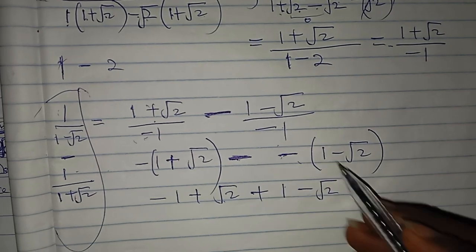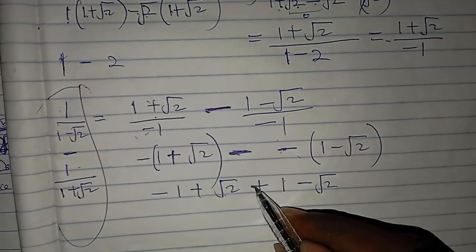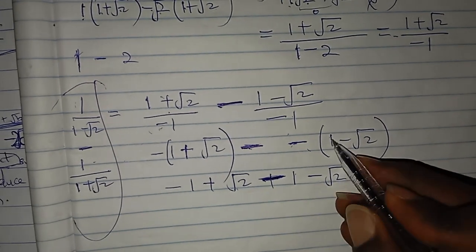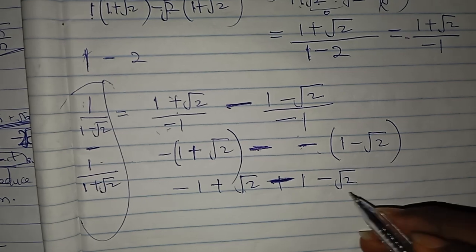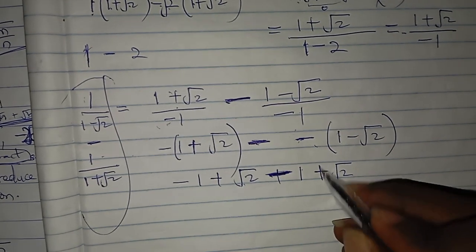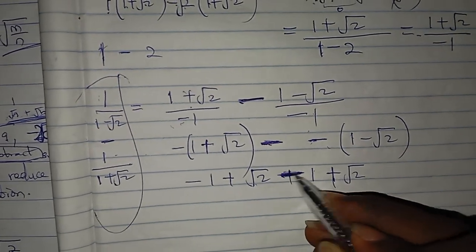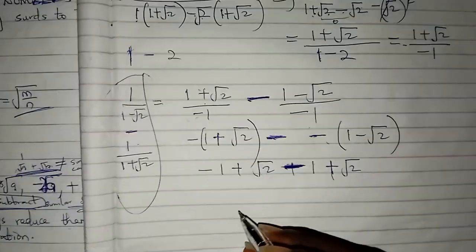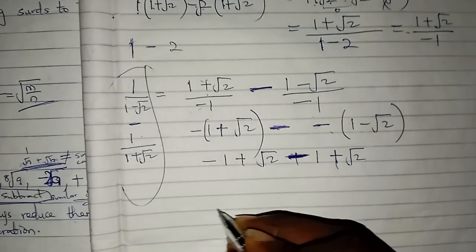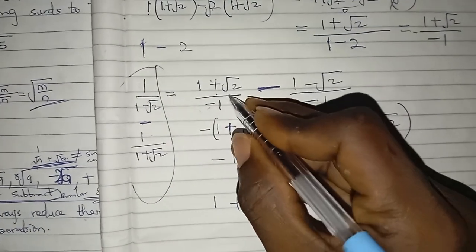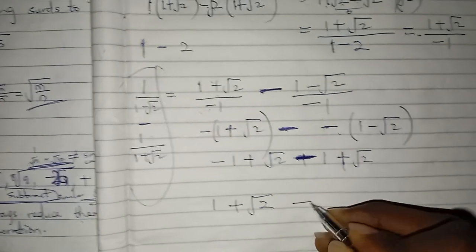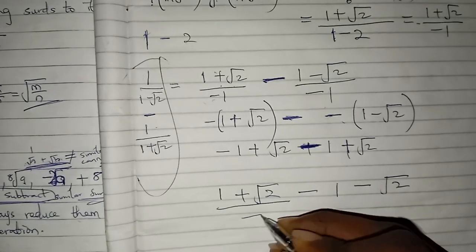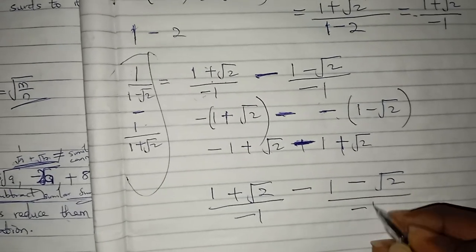So if this minus is coming here, it will make this to be minus, to make this to be minus plus root 2. Oh, wonderful. So I have 1 plus, see where we started this madness, root 2 minus 1 minus root 2 all over minus 1 all over minus 1.